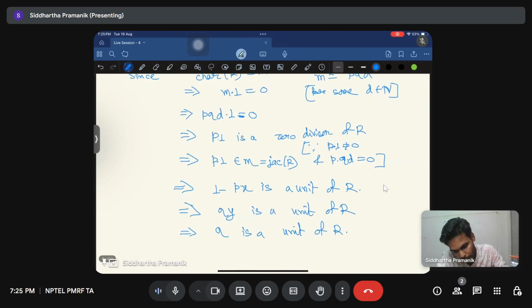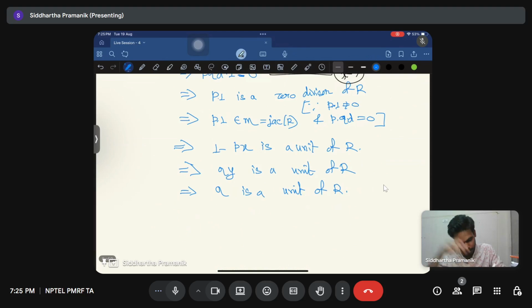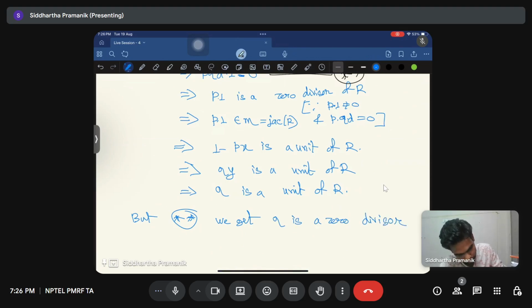But from double star, for a similar reason, since p is a zero divisor, q is also a zero divisor. But here we are getting that q is a unit. So this is a contradiction.